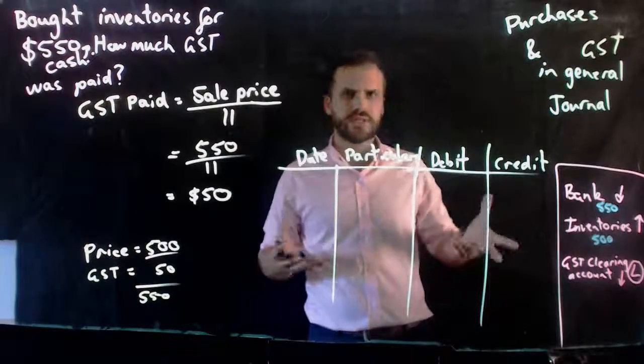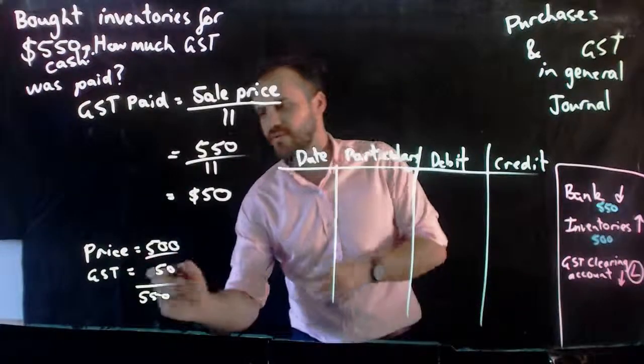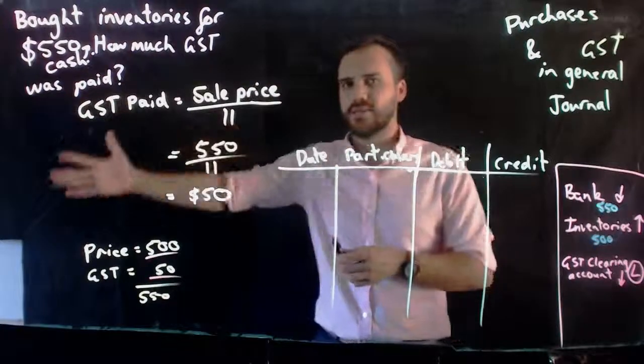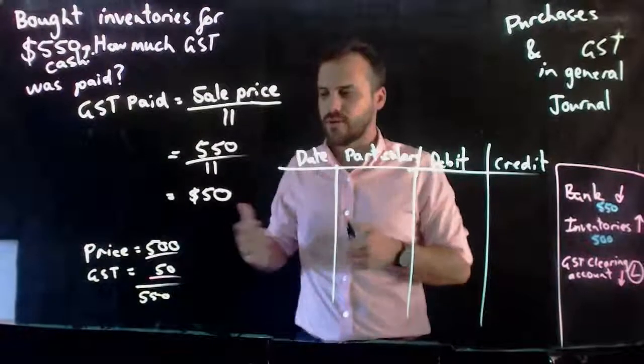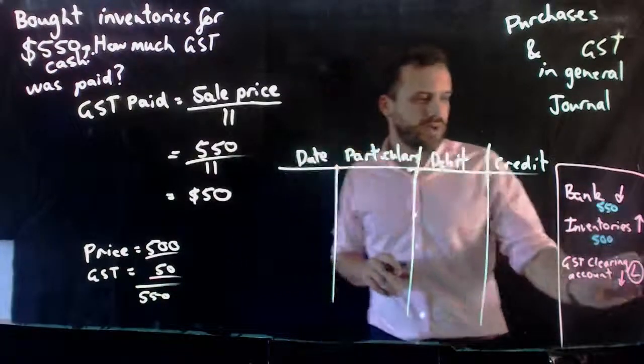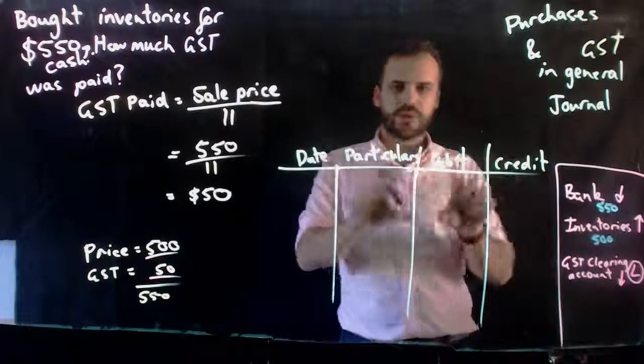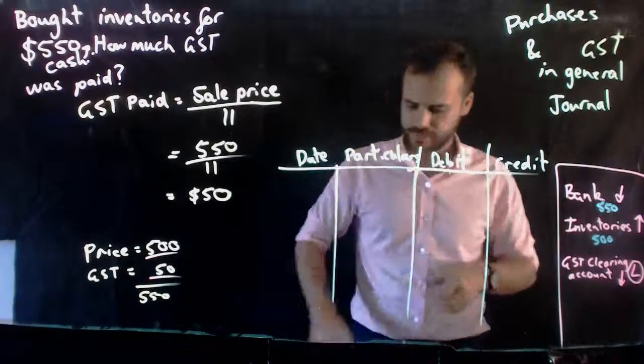Now, you're probably saying, GST clearing account, why is it going down? Remember, I paid out money, and I paid $50 of GST to another business. Now, that GST, if you're a business, if you're paying GST out, that's a tax credit. So our liability is going down here. But it should become fairly obvious when you start going through the debits and credits.